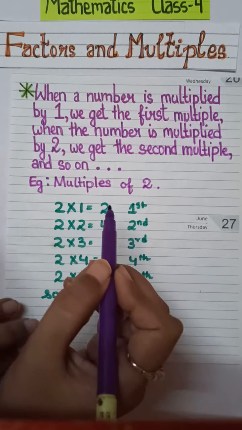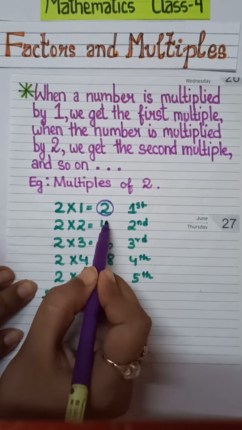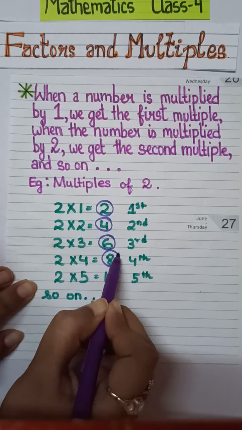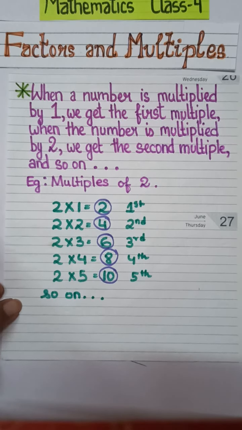Here we see that the multiples of 2 are 2, 4, 6, 8, 10, and so on.